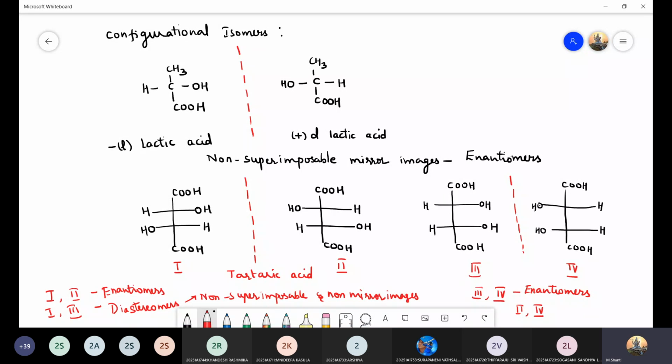And similarly, tell me the relation between structure 2 and structure 4. Diastereomers. Even these are diastereomers.